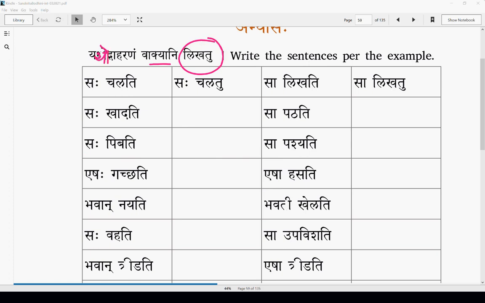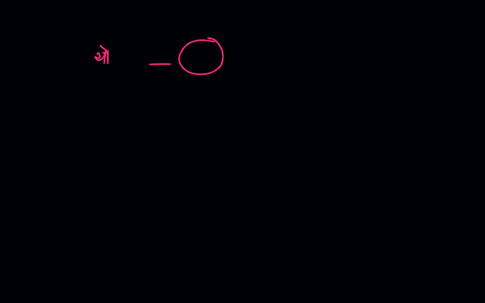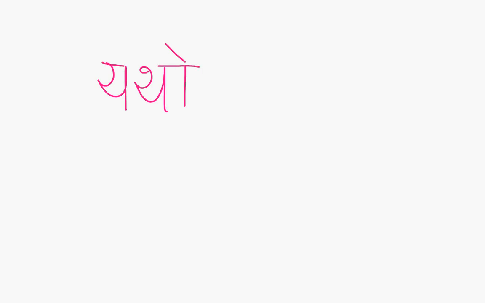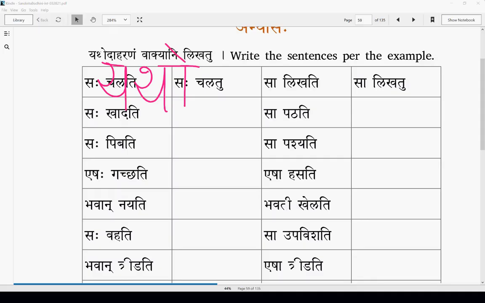Can we take it as please write the sentence also? Likhatu, can we just take it as please write? Yeah, please write. So that is a request. Please is not spelled out. So likhatu, yathodaharanam likhatu. You are saying please.